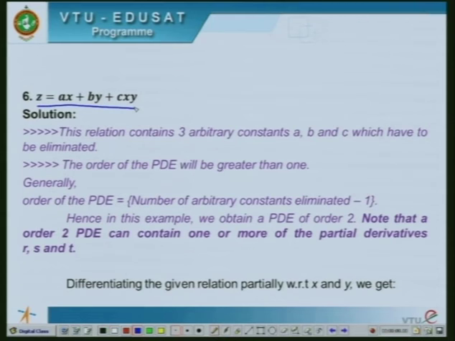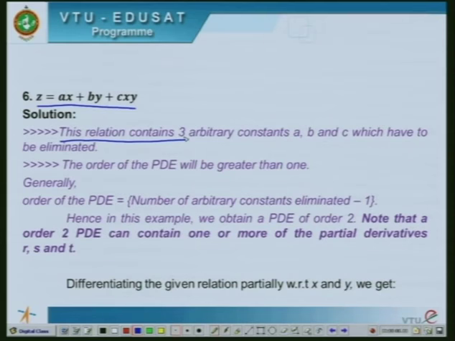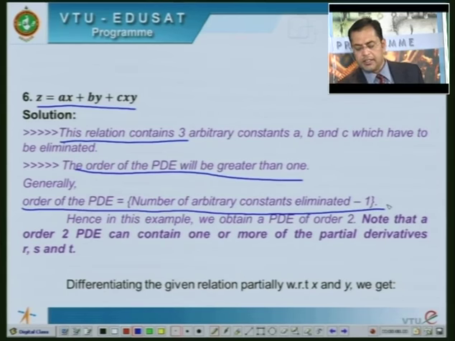So, there are some observations to be made before you actually go to the formation of the PD. First, this relation contains three arbitrary constants a, b and c, which have to be eliminated. So, hence as we discussed earlier, the order of the PD must be clearly greater than 1, it cannot be 1, and you can use this. Generally, order of the PDE will be number of arbitrary constants eliminated, in this case 3 minus 1, which comes to 2.